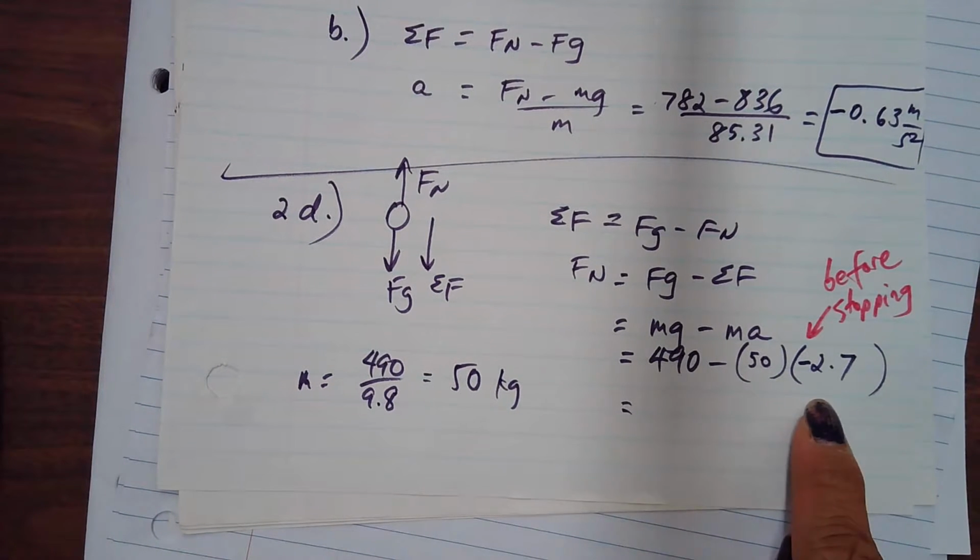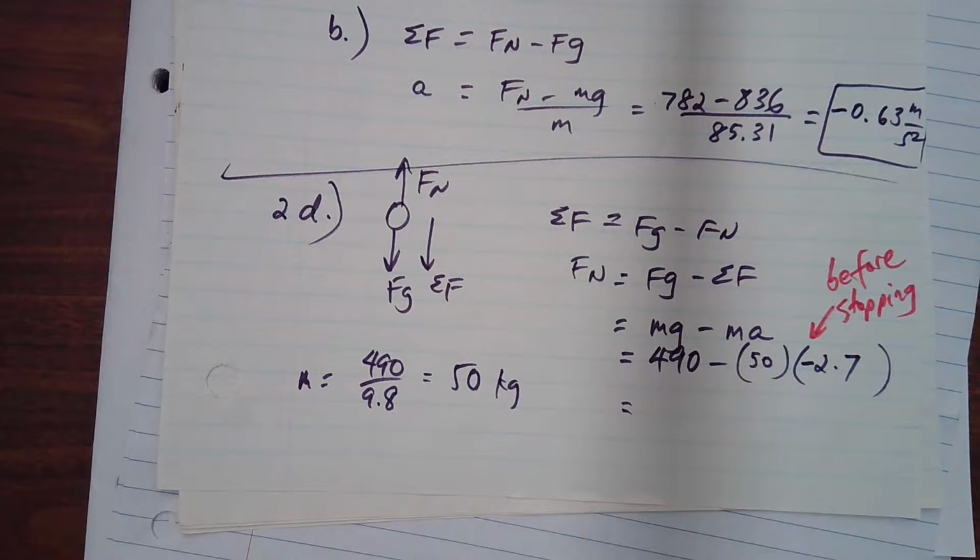So I'm going to keep that -2.7 there, and then what's going to happen to the normal force?